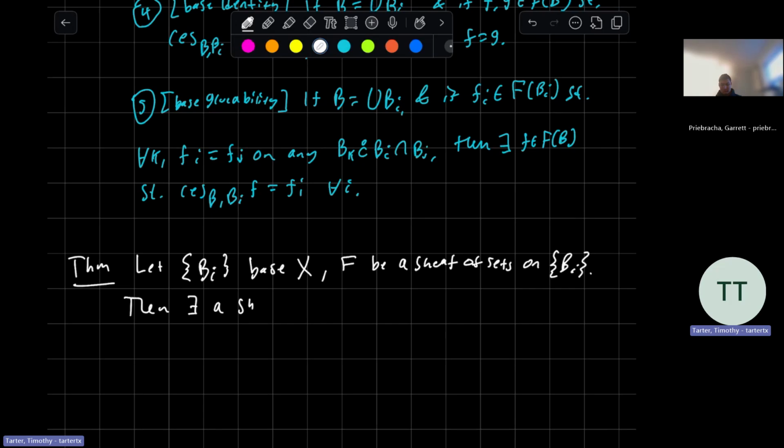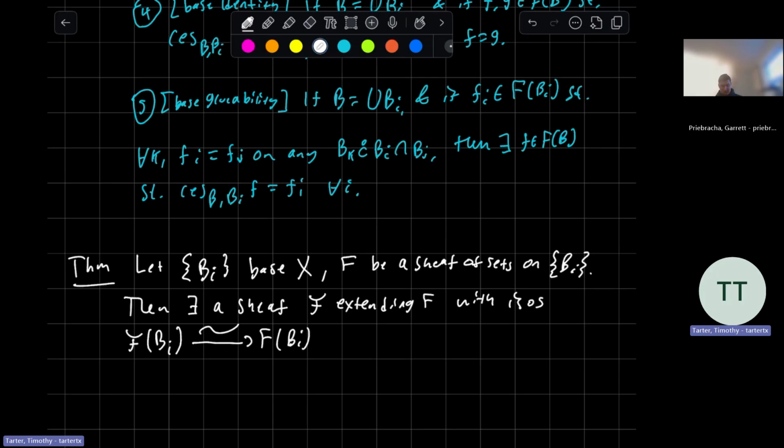Then there exists a sheaf F extending F, with isos from the sheaf on Bi to the base sheaf on Bi, agreeing with restriction maps, such that the sheaf is unique up to unique isomorphism. So it's a universal thing.